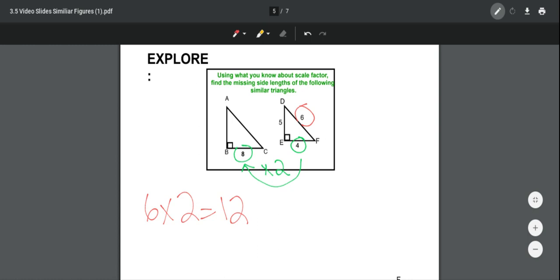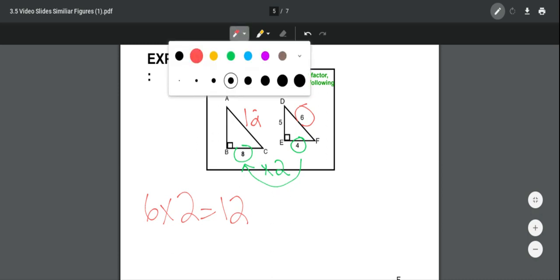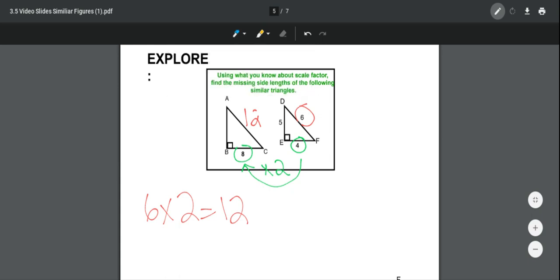Therefore, its corresponding side, AC, would have a length measure of 12. In the same way, if we apply the scale factor of 2 to the length of DE, 5 times 2 is 10. Therefore, the measure of side length AB would be 10.